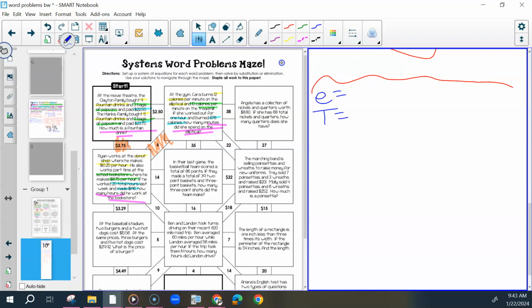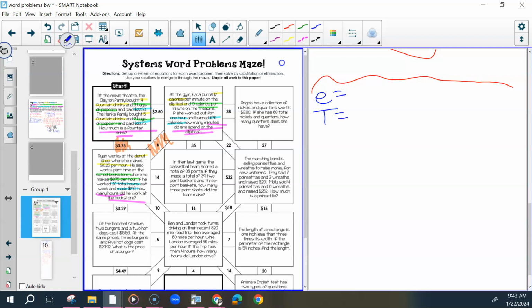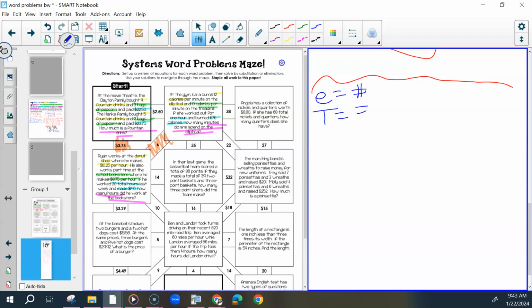Minutes on the elliptical and minutes on the treadmill. Hours? Did she work out for more than 1 hour? Number of calories. So number of minutes on each. Because we know the amount of calories she burned on each, but we don't know the number of minutes on each.